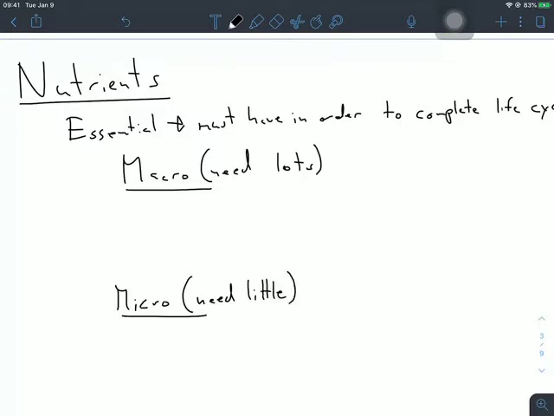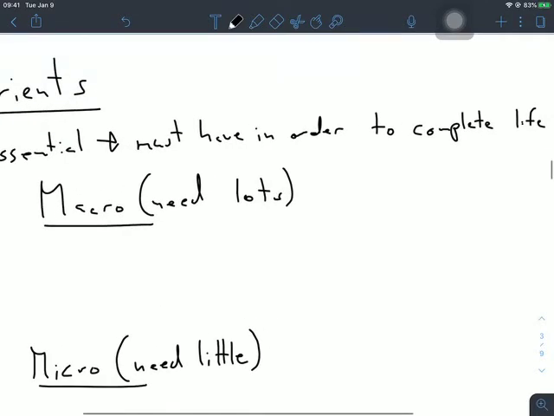In terms of macronutrients of a plant, this is where just having these notes forever helps.